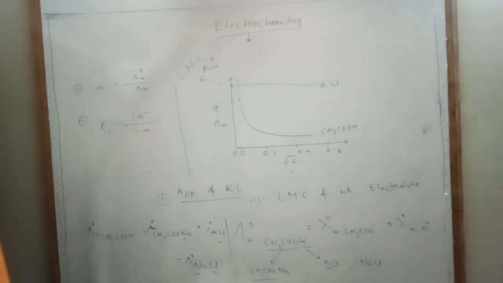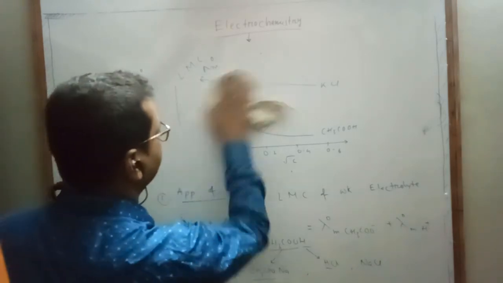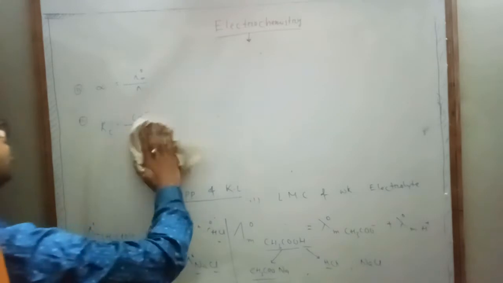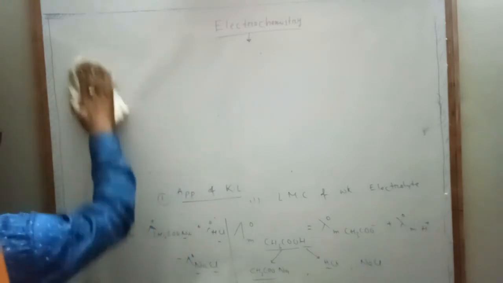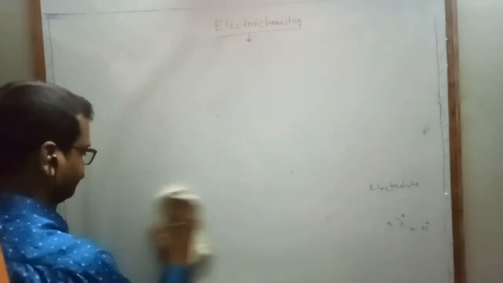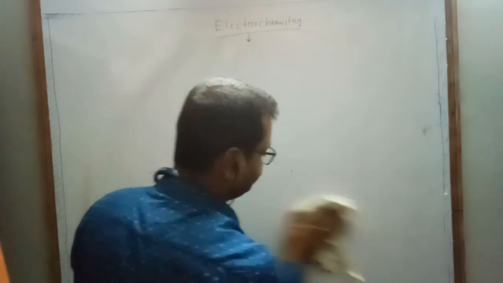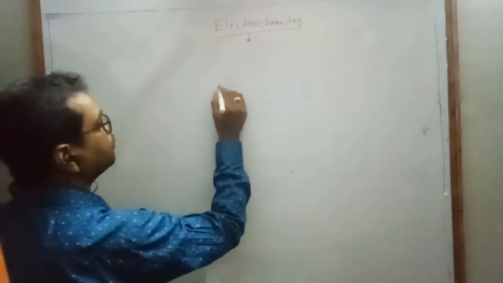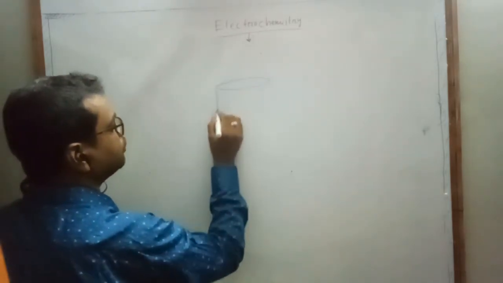After that, students, in this chapter we have read about some cells and cell representation. Then we go to the Nernst equation. After that we have read about the electrochemical cell.